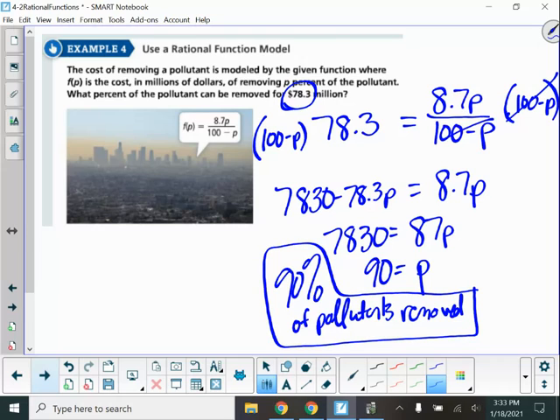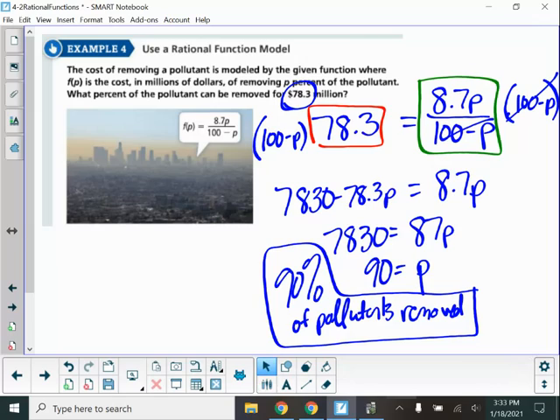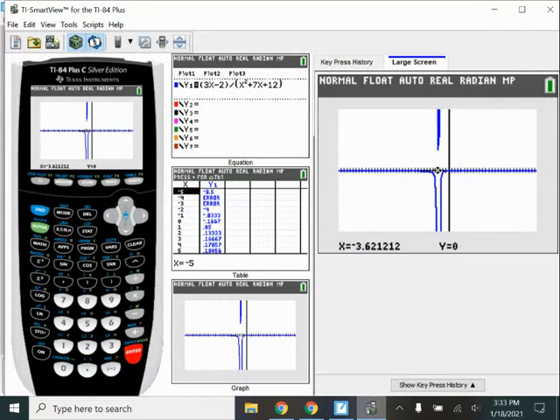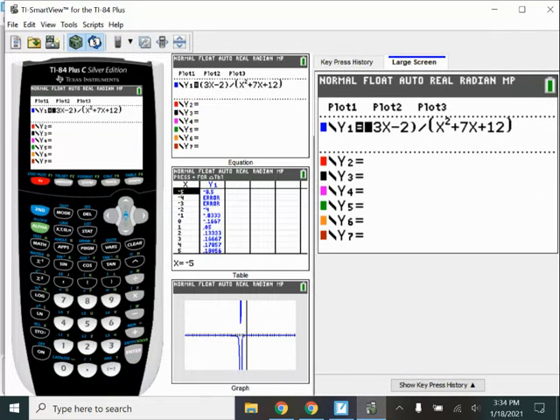Now, if we look at this on the calculator, I'm actually going to do two different equations. I'm going to let the 78.3 be one equation, and the 8.7p divided by 100 minus p be my other equation. I'm going to see where those cross. So, let's go back to y equals.